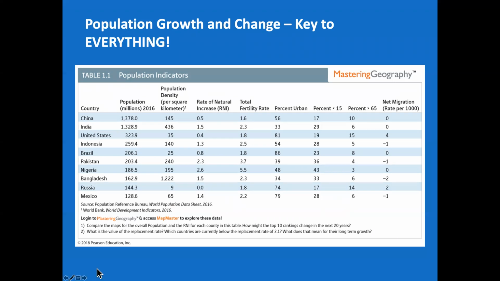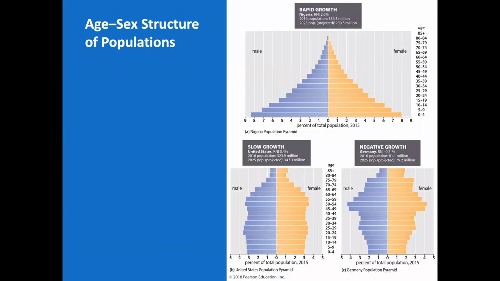We'll talk about overall population, fertility rate, which is the total number of children born to a woman during her reproductive years. We'll talk about percentage urban and so on. So all these data will become available and we'll discuss them throughout.